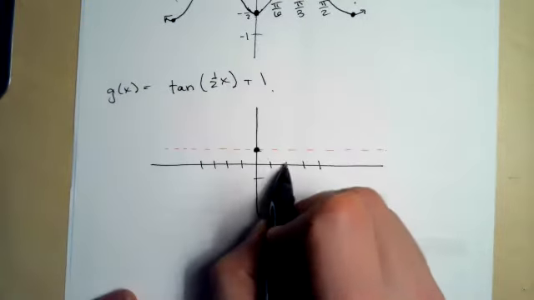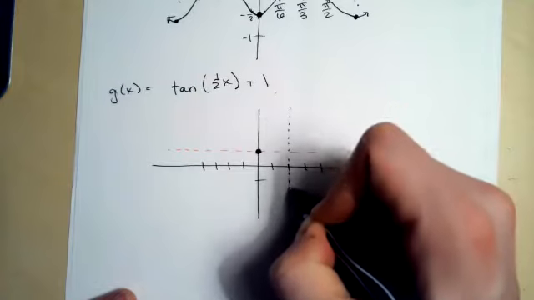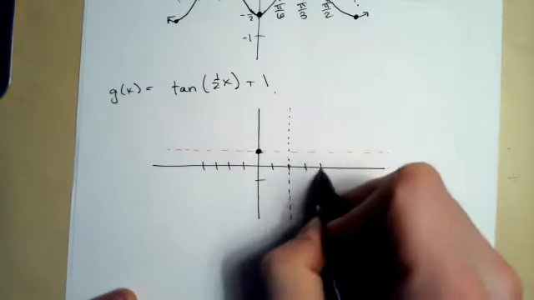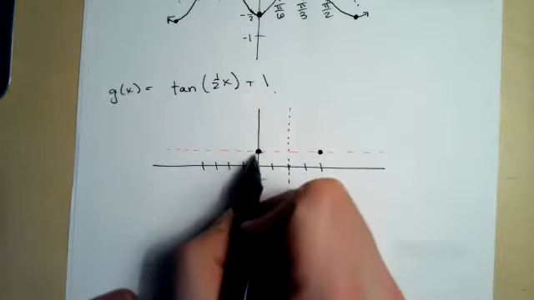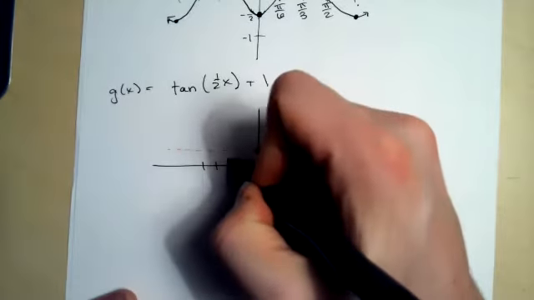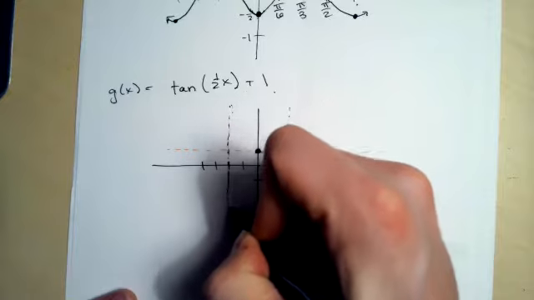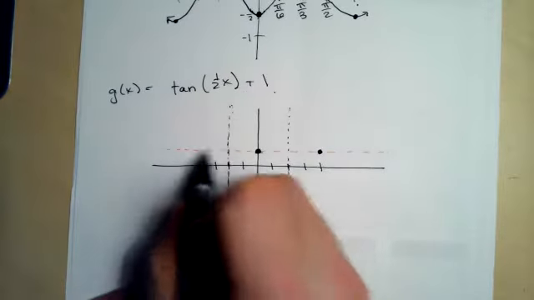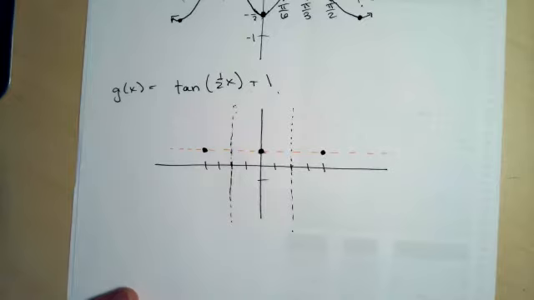And then every 2 tick marks, I'll have an asymptote, and then another point on the midline. So I'll go over and draw an asymptote. Then go over and draw a point at the midline.